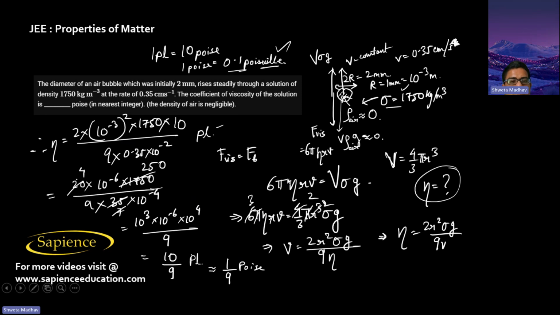It's 2 into 10 power minus 3 whole square, 1750 into 10. So this will be 20 only. 20 into 10 power minus 6.